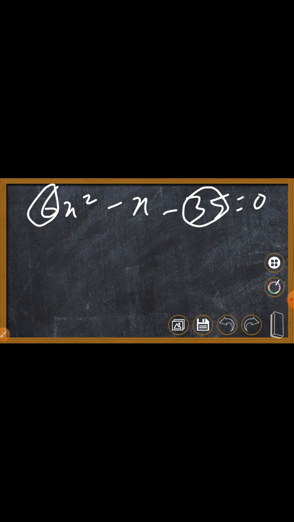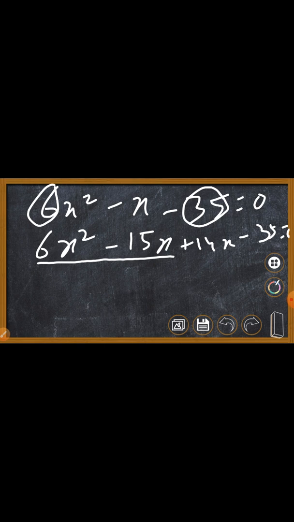Okay, this thing can't be, oh yeah. So now 6x square minus 15x plus 14x minus 35 is equal to 0. Yes, so from this thing what can you take common? You can take 3 common, 3x common. Yes, so 2x minus 5 is your answer.